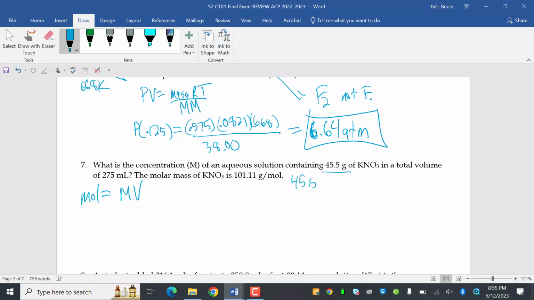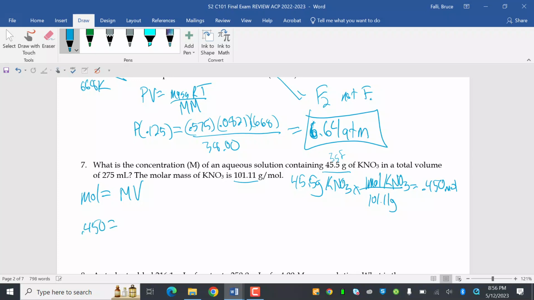So 45.5 grams of potassium nitrate times 1 mole potassium nitrate. Didn't think this would come back so hard, did you? 101.11 grams. 45.5 divided by 101.11. Again, 3 sig figs. 0.450 moles.